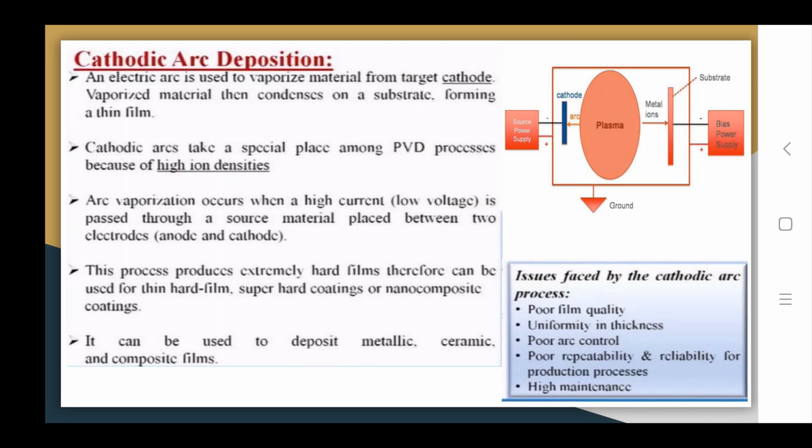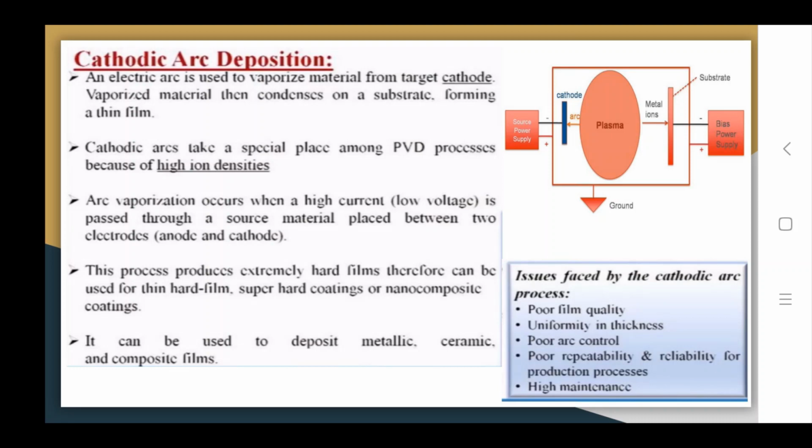Vaporization occurs when high current at low voltage is passed through a source material placed between two electrodes, anode and cathode. This process produces extremely hard films, and therefore can be used for thin hard films, super hard coatings or nanocomposite coatings. It can be used to deposit metallic, ceramic and composite films also. So these techniques are more versatile than the others.